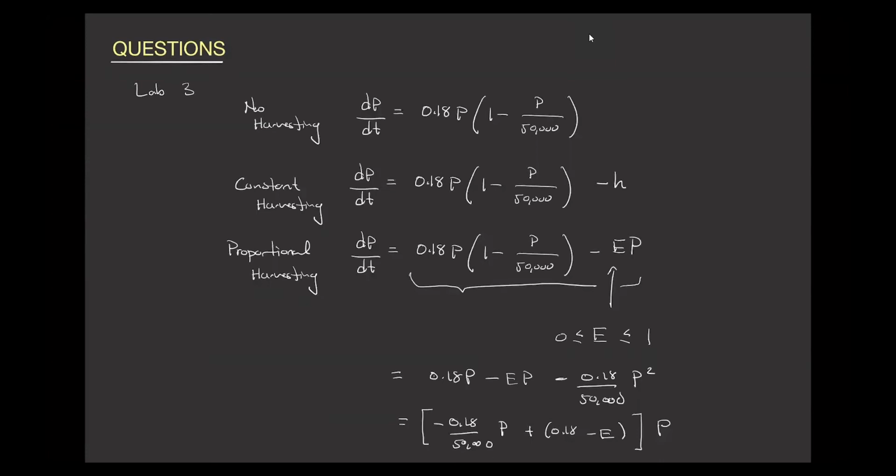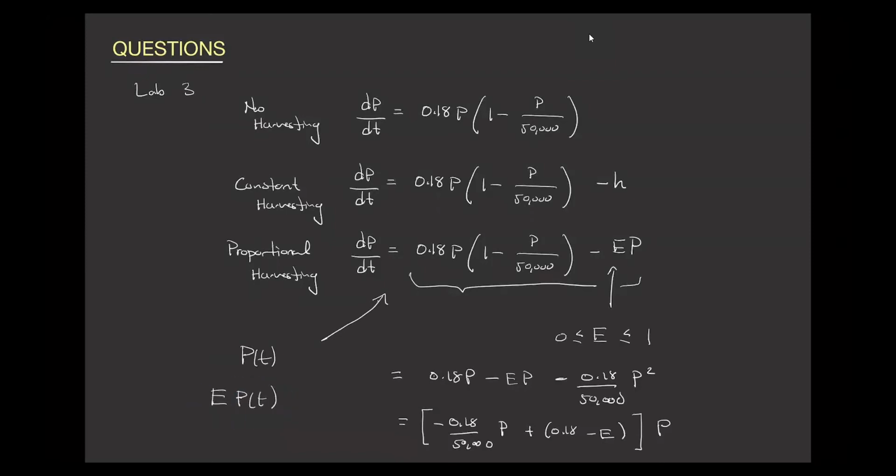Oh, and if you want to find the solution, or if you, in the end, want to look at E of P, what that's really just saying is, to this, one can find a solution P of T for the population. And then you can correspondingly look at the proportion of P of T that you're taking away. So as P varies over time, let's look at a proportion of P instead.